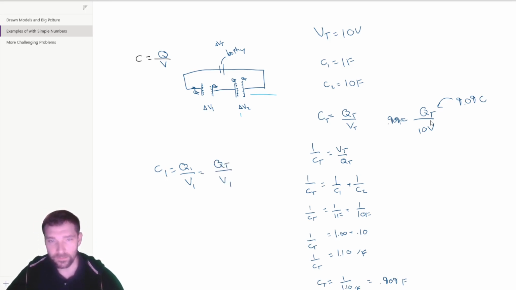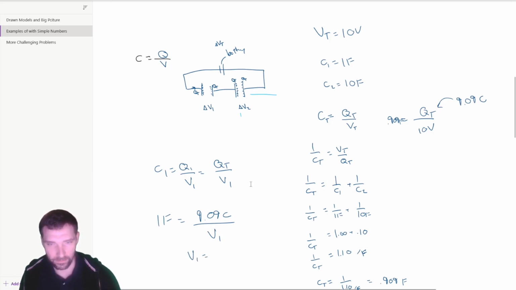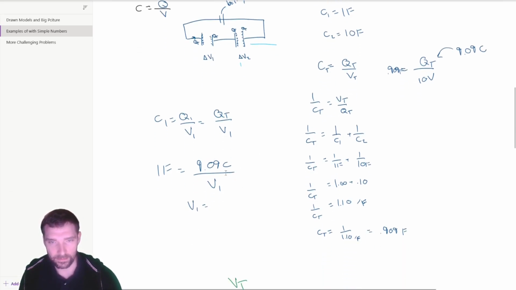So we said that this one was 1 Faraday for its capacitance, and then Q is going to be that 9.09 coulombs, and then we've got V1. And V1 here, we can do a little bit of math there, is going to be, I think it's 9.09 volts for V1.